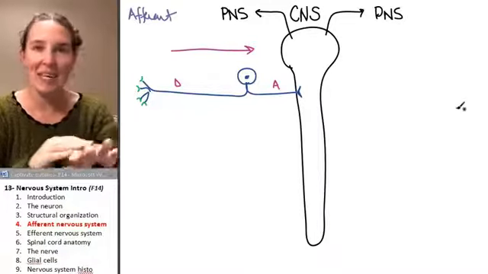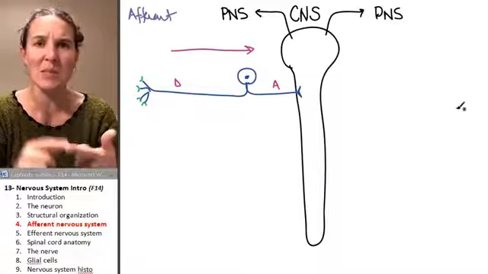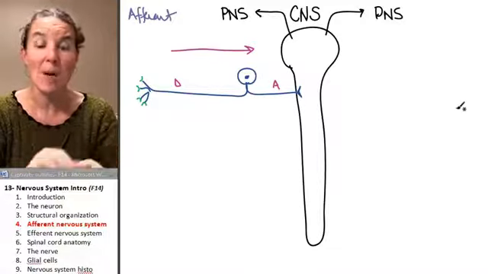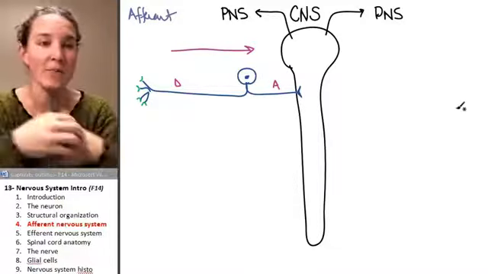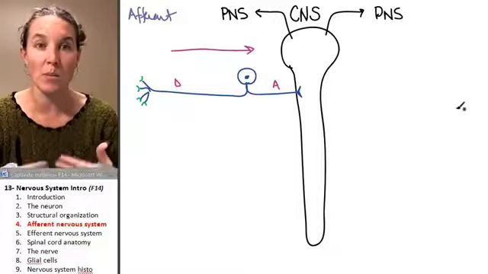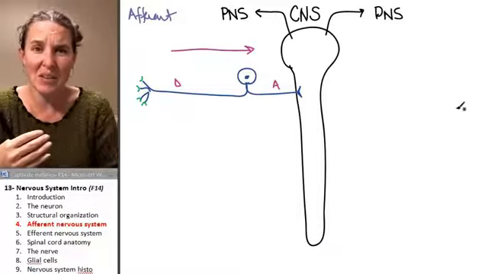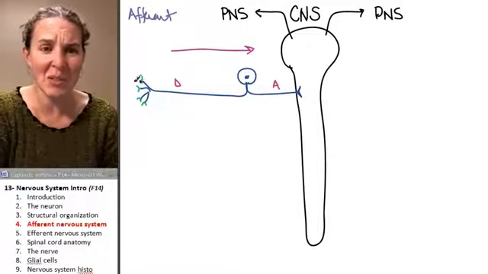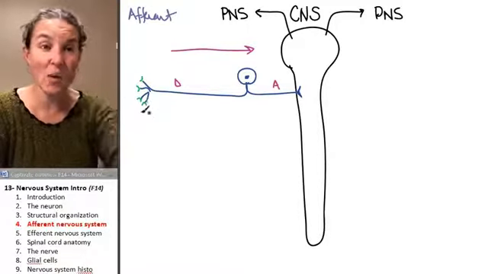Your skin is full of sensory receptors that pick up temperature and touch and pressure, tickle. All of that is transmitted to your central nervous system. But how did it even get started? Well, there was some kind of little receptor out here that said, here's some information.